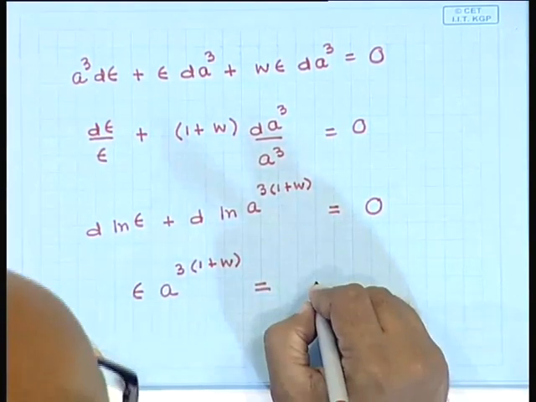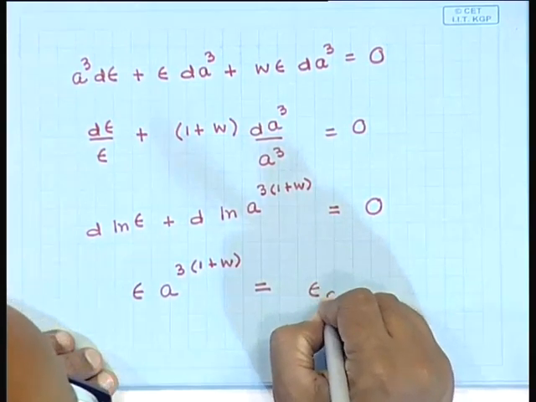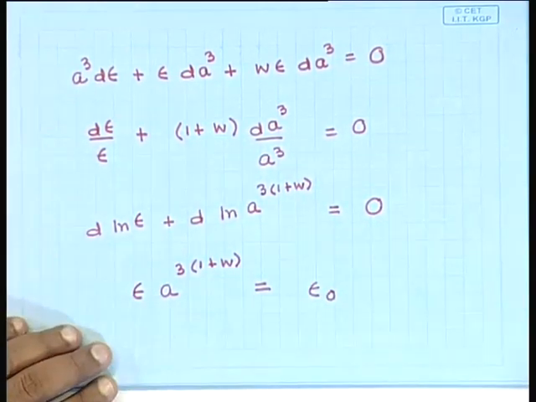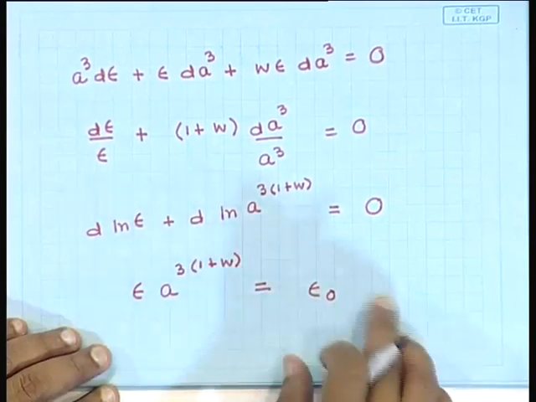So, this should be equal to epsilon naught, the present value of the energy density. A naught we have assumed to be 1.